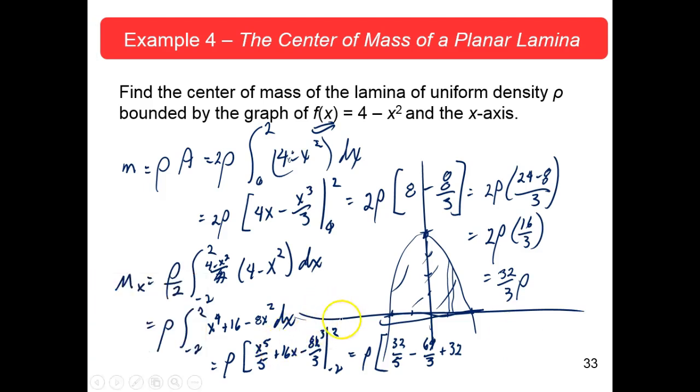Okay. Then we're going to have a minus. Yes, it will turn into a plus. I was just going to ask that. Minus a minus is a plus. It'll be another 32 over 5, right? And then we'll have a minus, a minus, a minus. So that will stay a minus 64 thirds again, right?